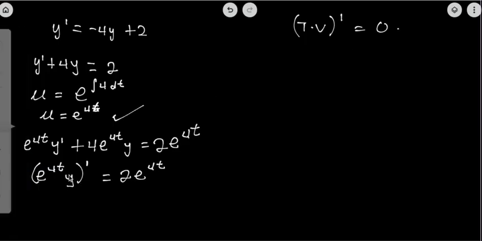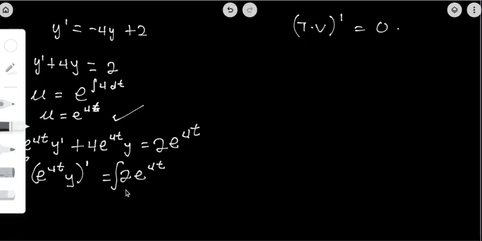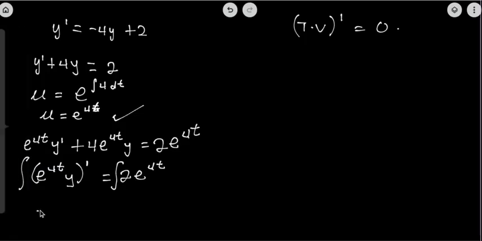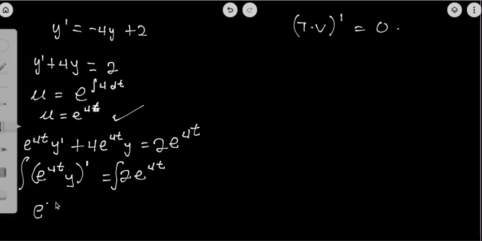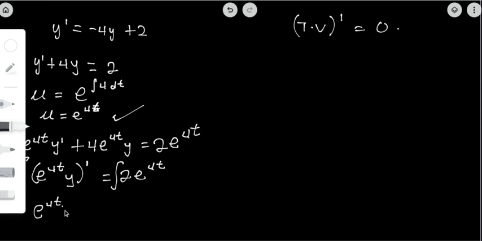So it means we have to first integrate here and here. When we integrate both sides, we will get e to the power 4t y should be equal to, when you integrate this, you get 2 divided by 4, which is half.